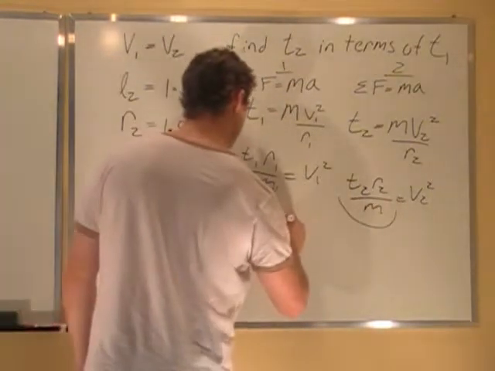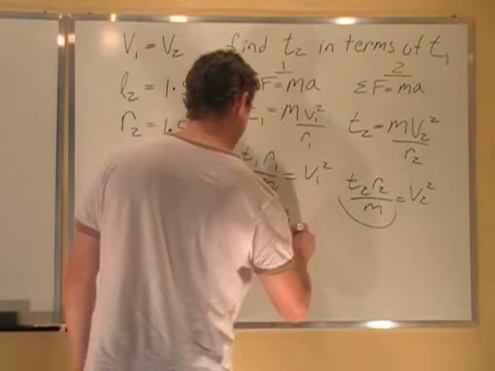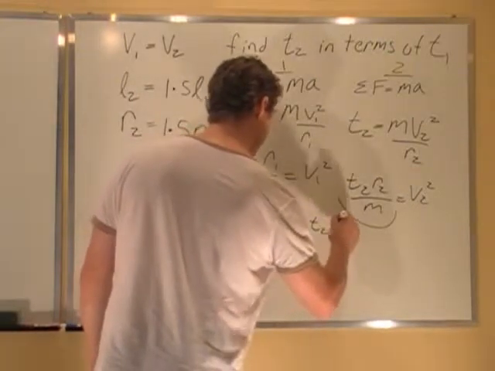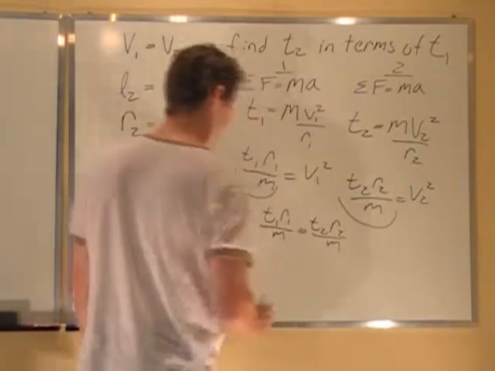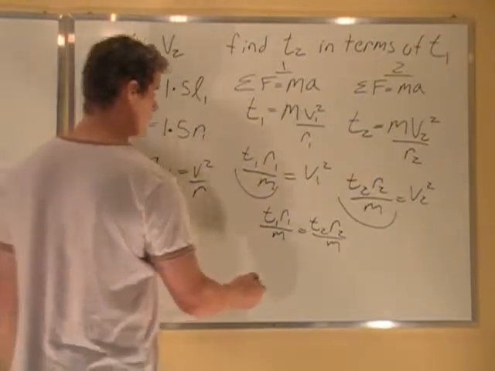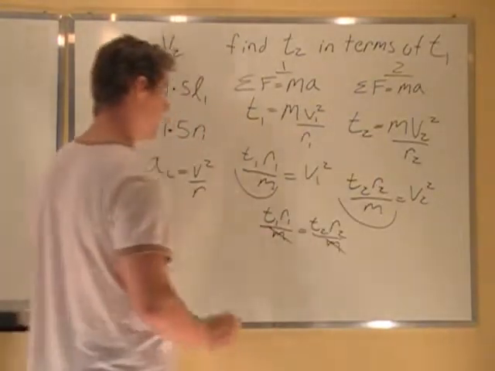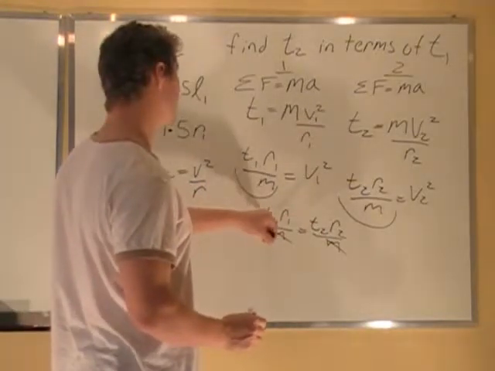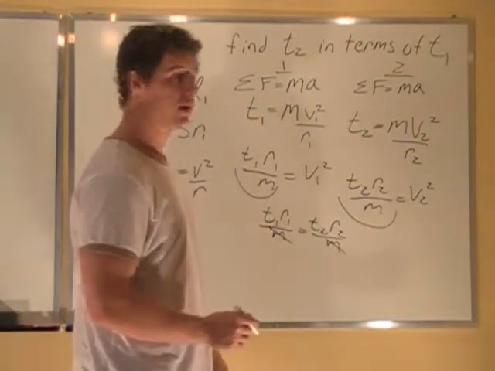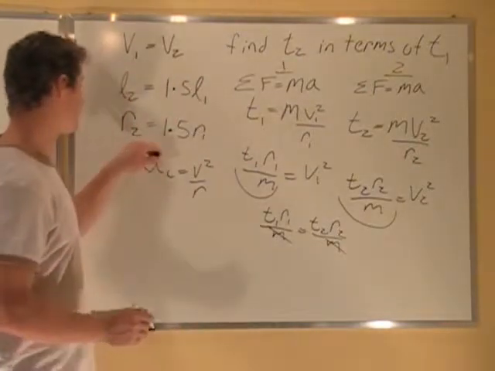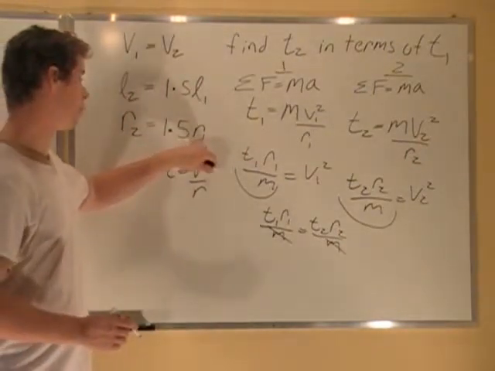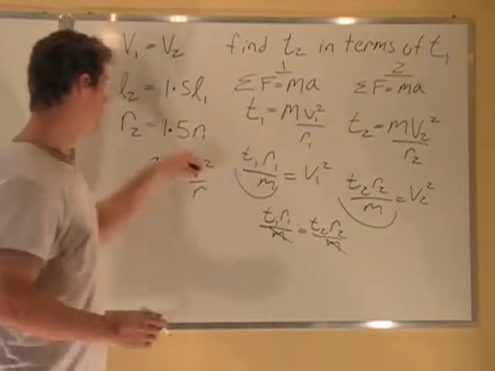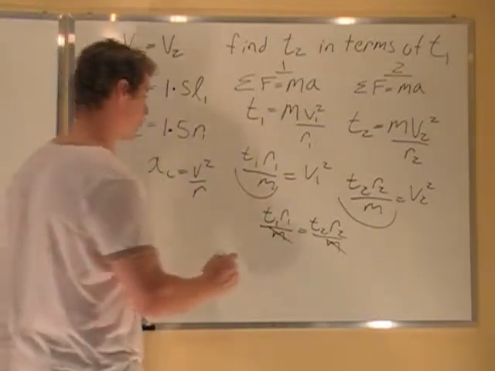So T1 r1 over m equals T2 r2 over m. Now the m's are going to cancel out. I just multiply both sides by m and they cancel. And I want T2 in terms of only T1, but I have r1 and r2 here, so I need to get rid of those. But the other piece of information I have is that r2 is 1.5 r1. So instead of r2, I'm going to plug in 1.5 r1.